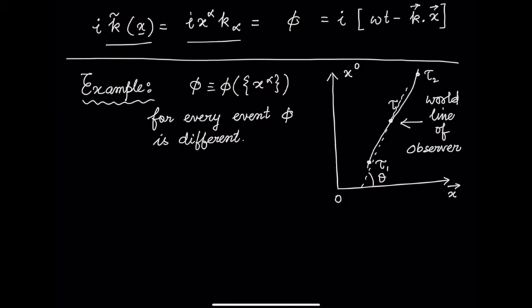And remember from your classes in special relativity, tan of theta is c by the velocity of that observer. And this is the 3-velocity I'm talking about.